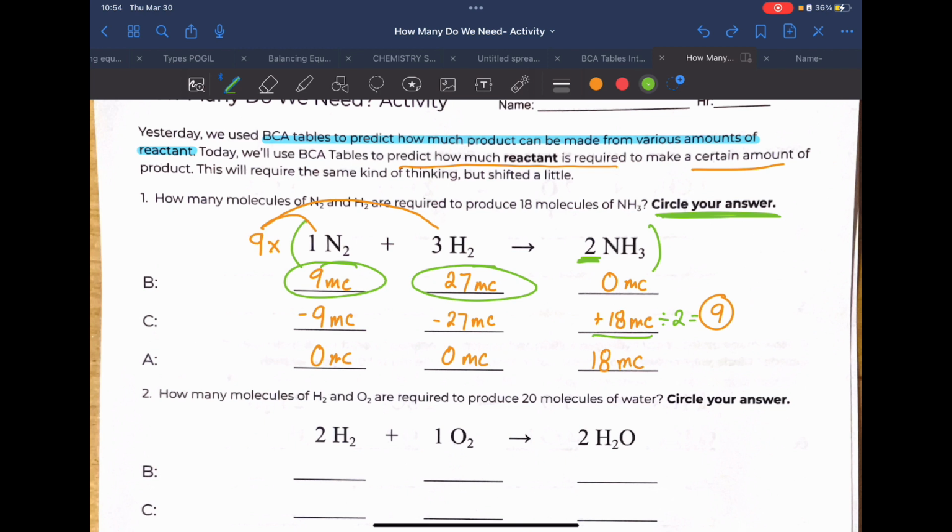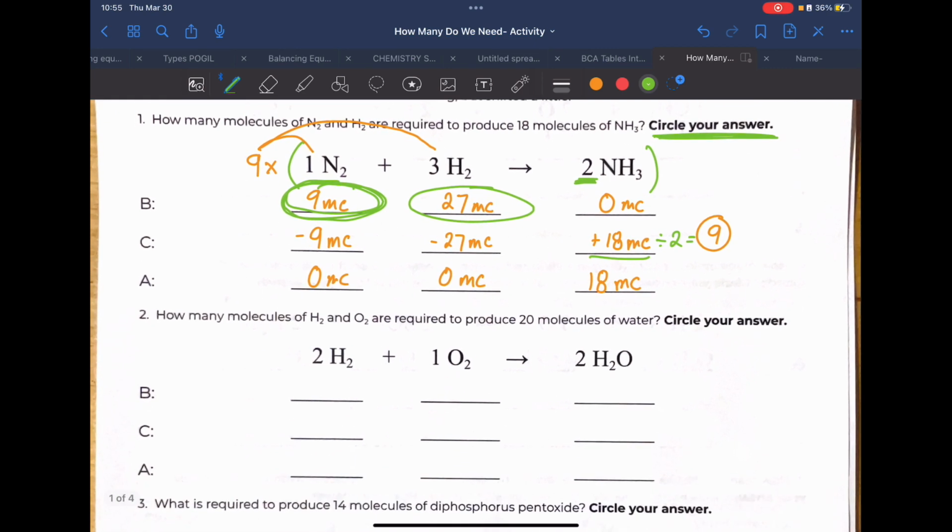After what? If you don't show me that you understand that this is the answer to the question, how many molecules of nitrogen do we need, then I don't trust that you understand what you need to understand about stoichiometry and BCA tables. You see what I mean? So you need to circle your answer or write it in the blank or whatever. You need to make sure you answer the question, basically.